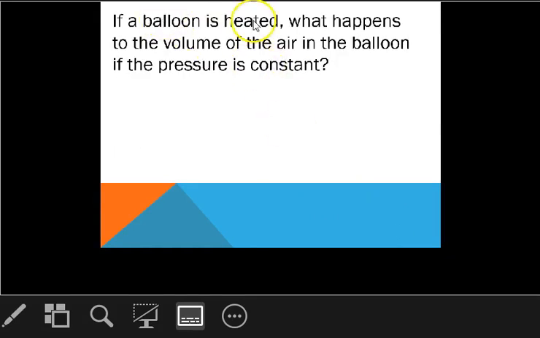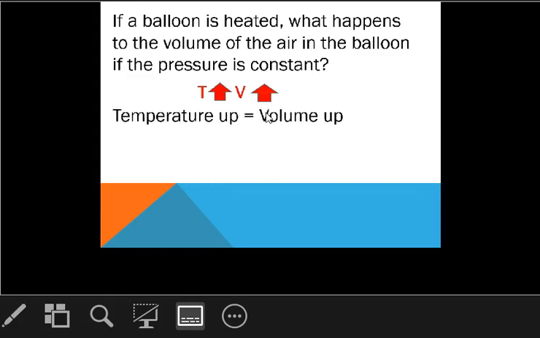If a balloon is heated, hey, we did that. What happens to the volume of the air in the balloon if the pressure is held constant? So temperature up, volume up. Whatever temperature does, the other variable does. So temperature up, volume up.